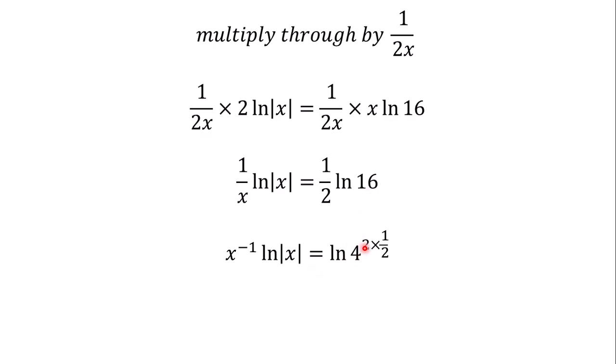And then this one here is the same thing as this. The square root of 16 will give us what? 4. Or this times this will give us what? The same thing as 4. So this will cancel out with this and we are left with what? 4. So this one is equal to natural log of what? 4.